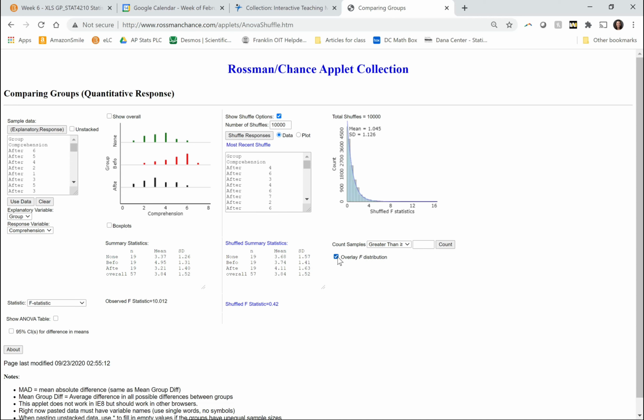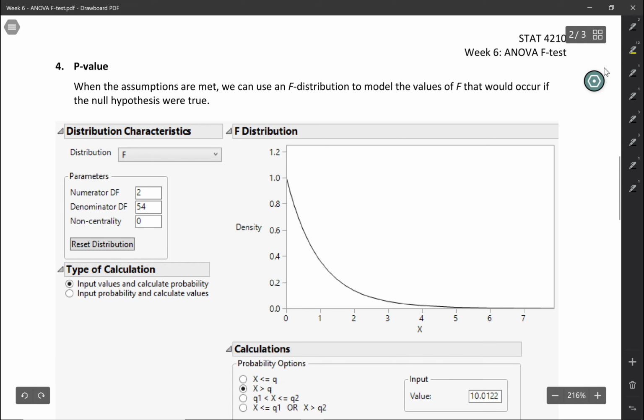So I'm going to overlay the F distribution here. So this is just using theory to tell us what values of the F statistic we would expect to get if the null hypothesis were actually true. And as long as our assumptions are met, we can use an F distribution to model those values of F that would occur if the null were true, and that gives us a way to skip the whole simulation step.